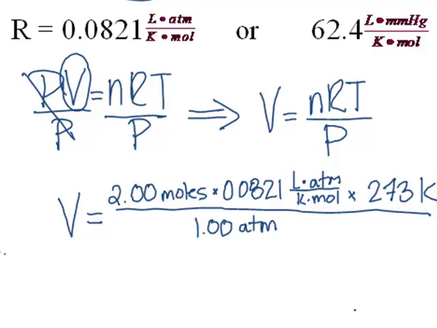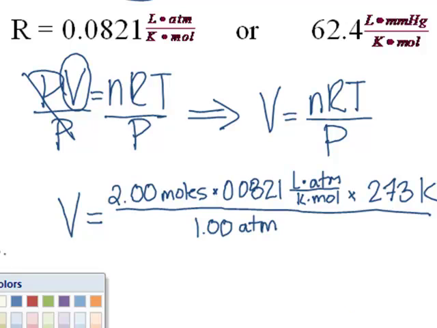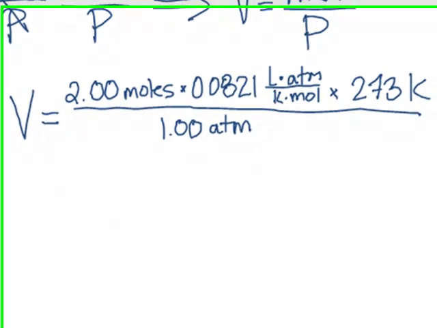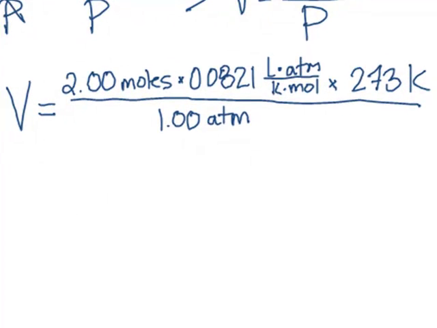Before I solve this, I want to make sure everything actually cancels. So I'm going to look at my units, and I'm going to change to a different color so we can go through and see if everything cancels. First, I notice that atmospheres is on the bottom, and atmospheres is in the numerator of my R constant's units. Then I notice that moles is in the numerator, but that's okay because moles is in the denominator of my R value's constant.